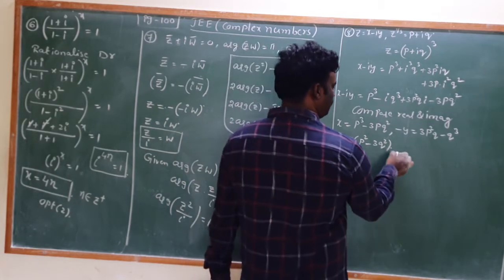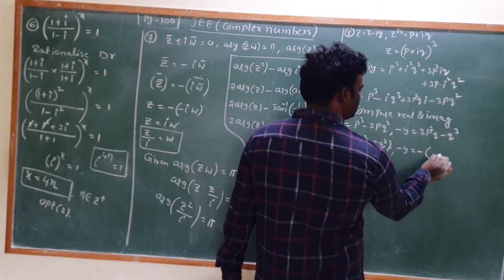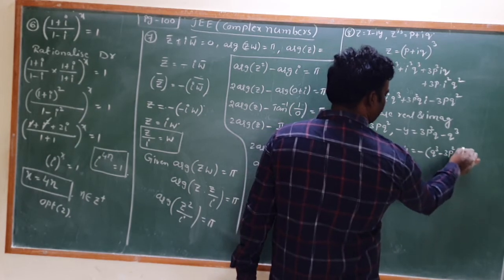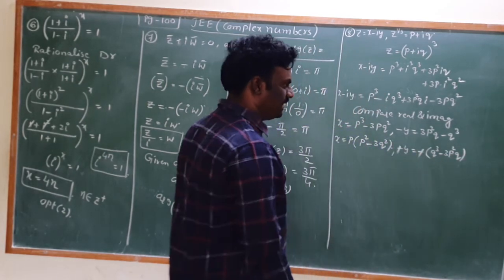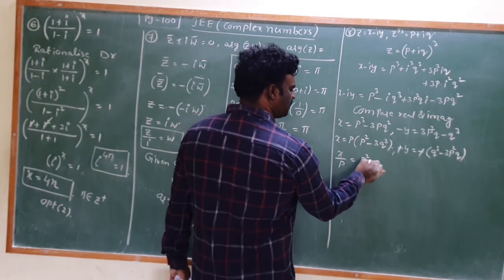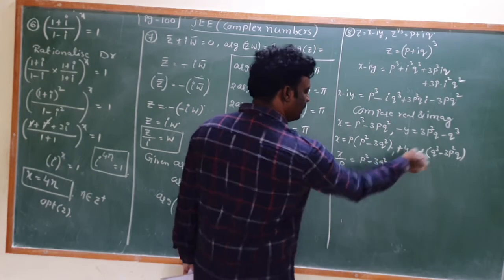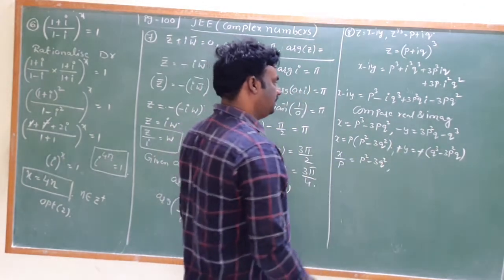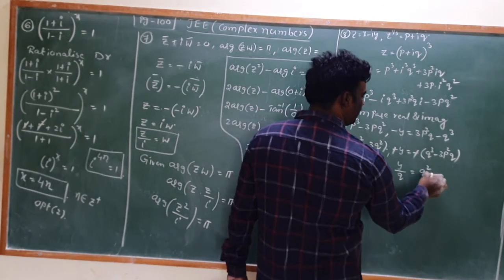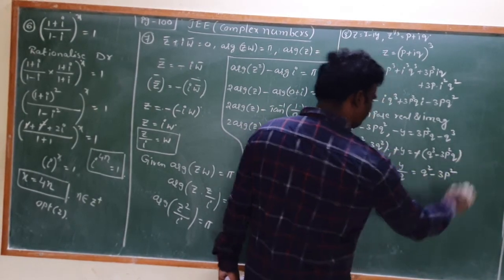Here minus y is equal to, take minus common, q cube minus 3p square q. Now minus minus gets cancelled, then x by p is equal to p square minus 3q square. Here also you can take q common, then y by q is equal to q square minus 3p square.